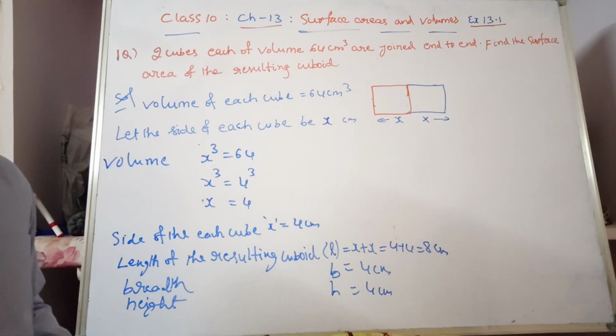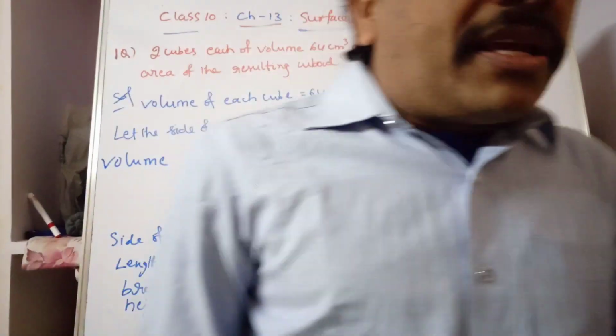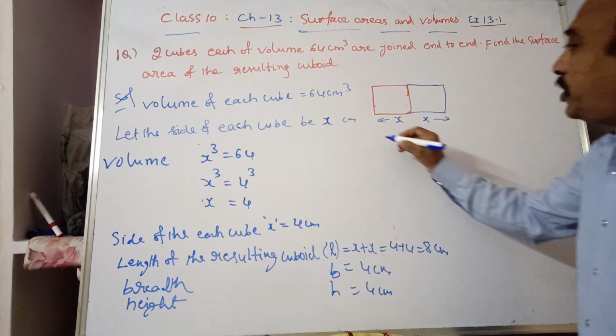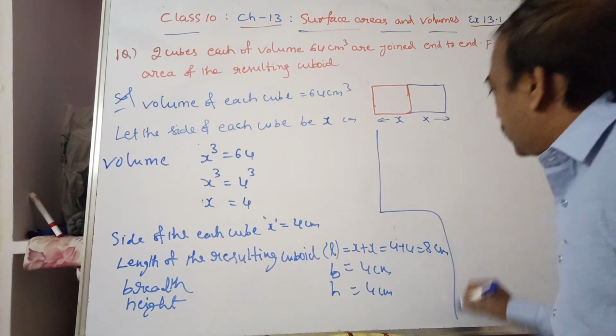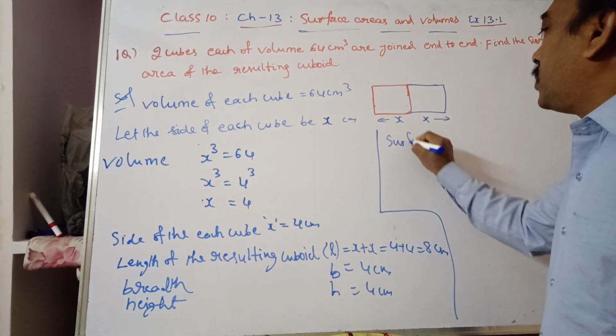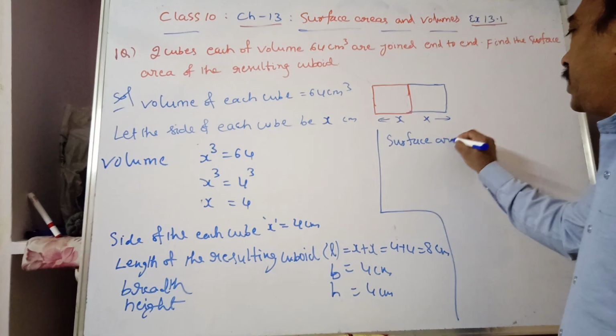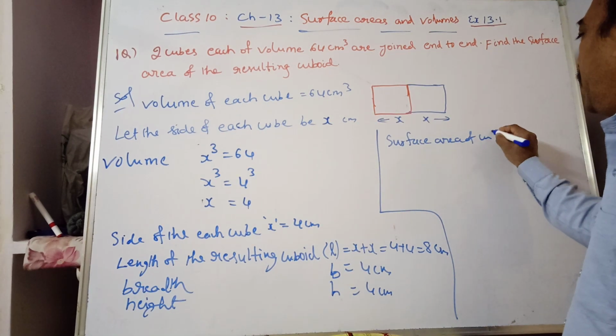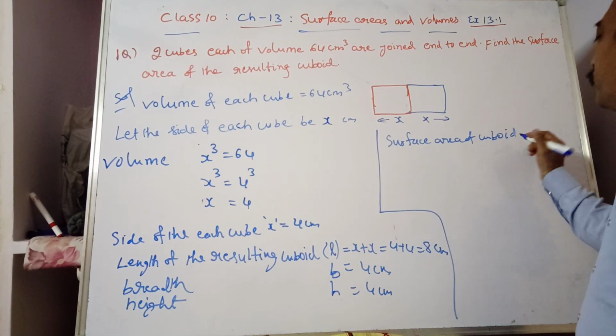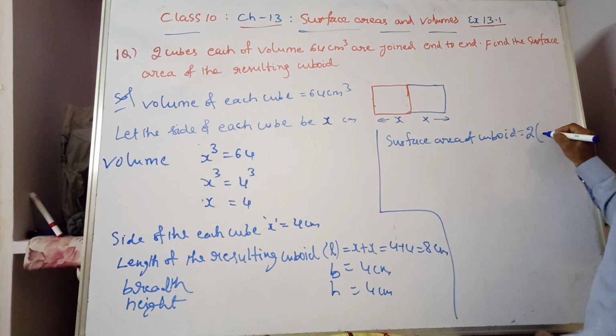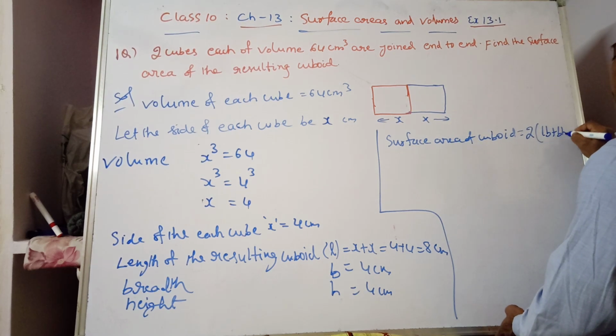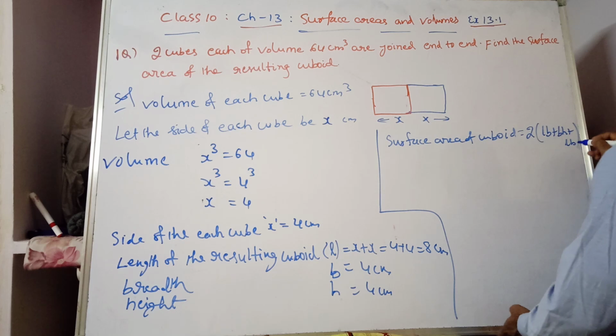Now we are going to find the surface area of the resulting cuboid. The formula is 2 into (LB plus BH plus LH).